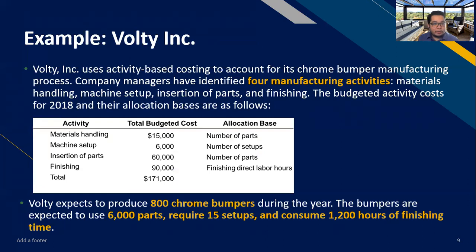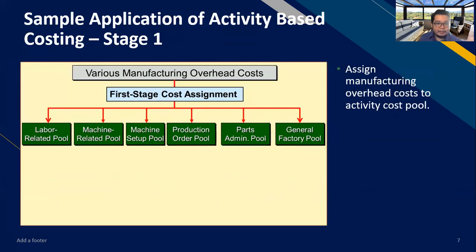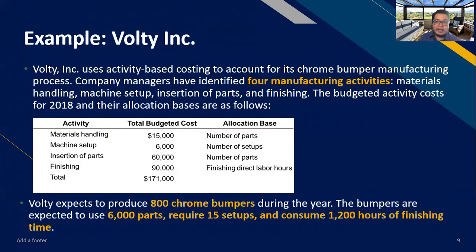And the annual budgeted costs are for materials handling, $15,000, $6,000 for machine setup, $60,000 for insertion of parts, and $90,000 for finishing. The fact that they were able to tag the total 171,000 to each of these activities, that's the first level assignment. Okay? That's the first stage cost assignment. Okay? I was able to break 170,000 into these activities. Okay? And that's the first stage cost assignment.